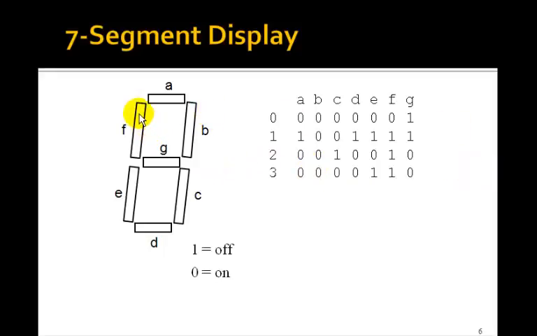How about a 4? Well, we will make a 4 by turning off A, D, and E. So a 4 is going to look like this.